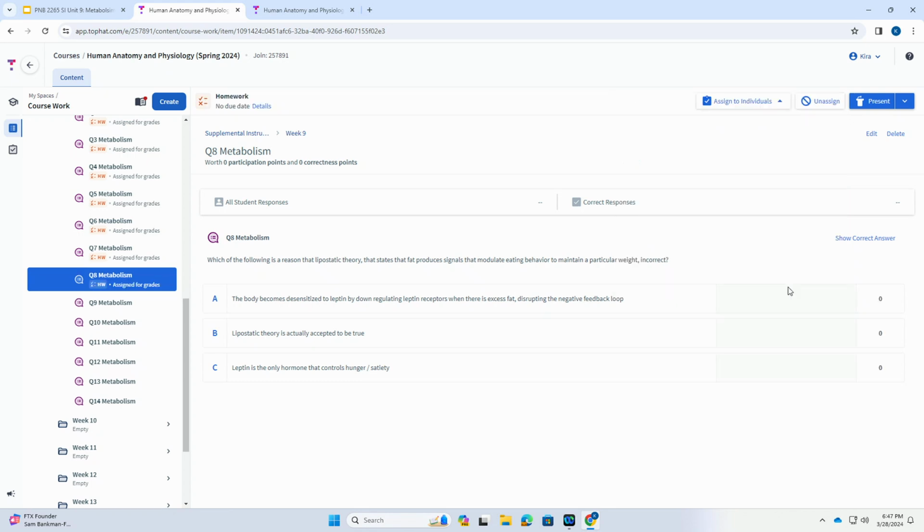Which of the following is a reason that lipostatic theory, that states that fat produces signals that modulate eating behavior to maintain a particular weight, is incorrect? So why is lipostatic theory incorrect?